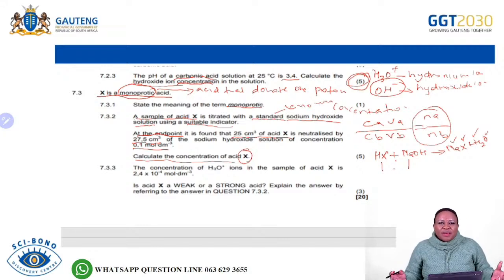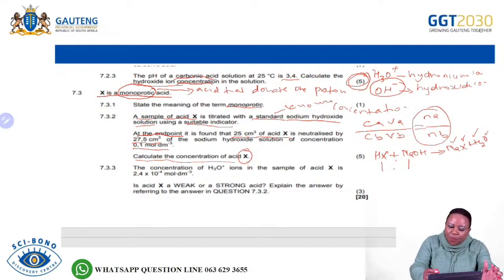What about if the examiner said X is a diprotic acid? Will sodium hydroxide and acid X react in the same ratio? Let's check. We know that a diprotic acid is an acid that can donate 2 protons. Therefore, it means instead of HX, we're going to have H2X, which will react with NaOH. We are creating a scenario.